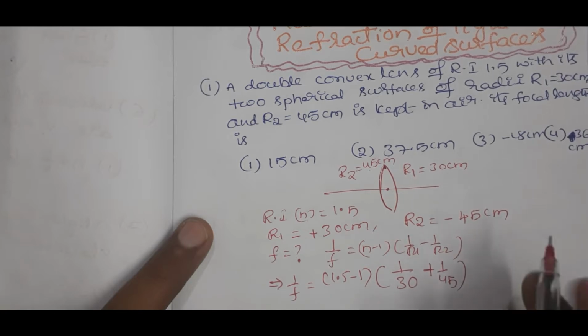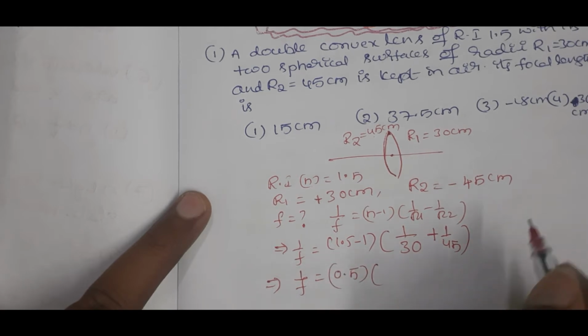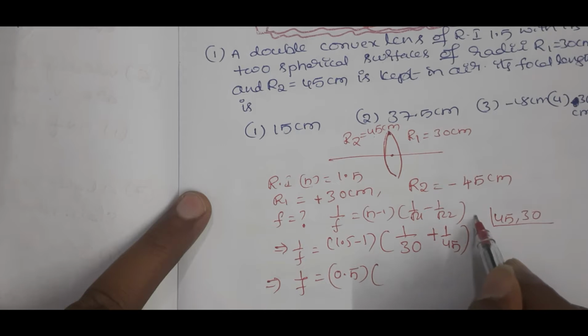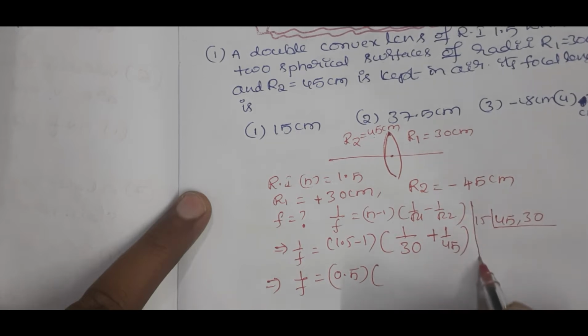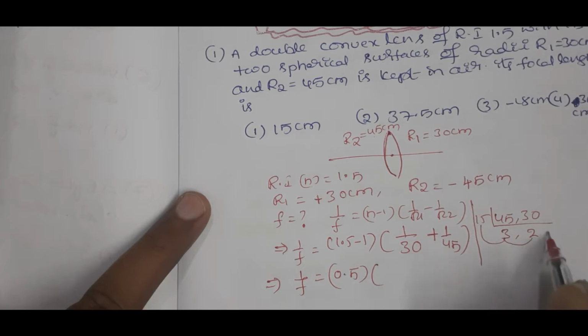Now 1 by f is equal to 1.5 minus 1, which is 0.5, times the LCM of 45 and 30. 15 threes are 45, 45 twos are 90.